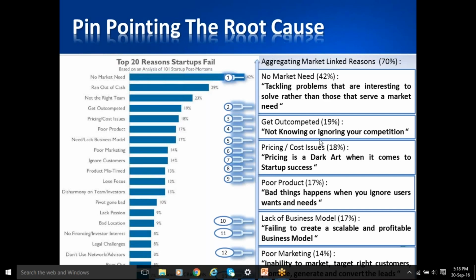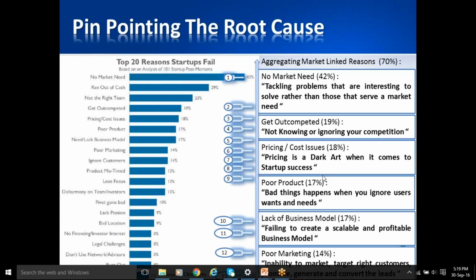Since the correct competition knowledge is not there, around 19% of the firms fail. Cost issue: pricing is generally a black box. So you also have to research what the competitive pricing should be, and what pricing is acceptable in the market.